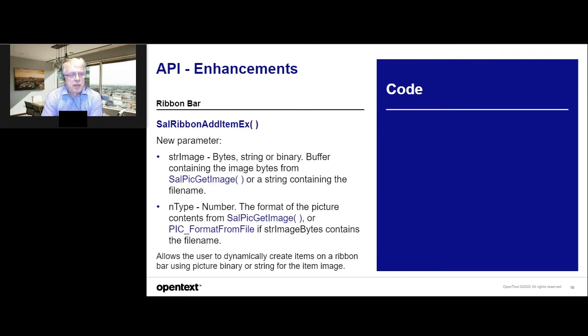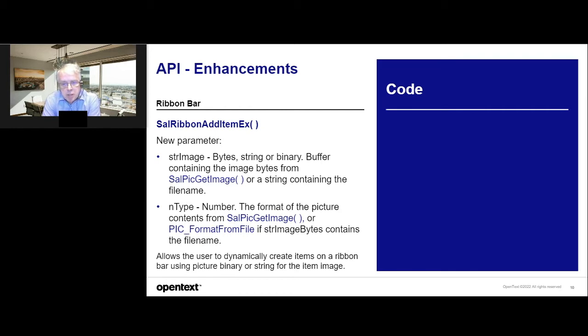So ribbon add item X has two new parameters. The first one is the image. So you can pass in a byte string or binary. The buffer contains the image bytes from a SalBigGetImage or a string containing the file name. Also, you can pass in as a second new parameter the number of the format of the picture.